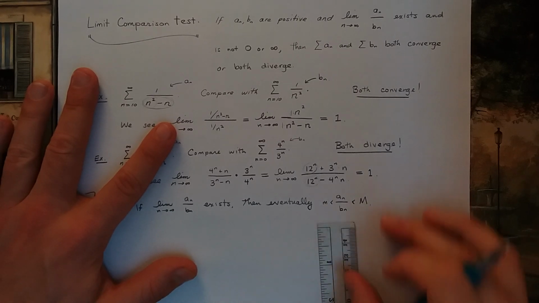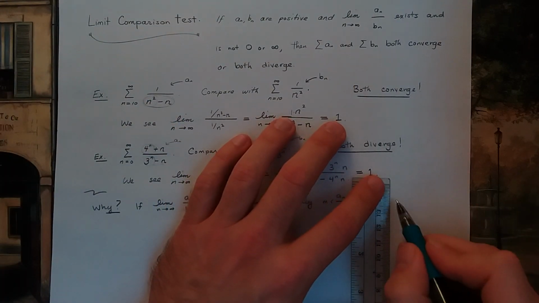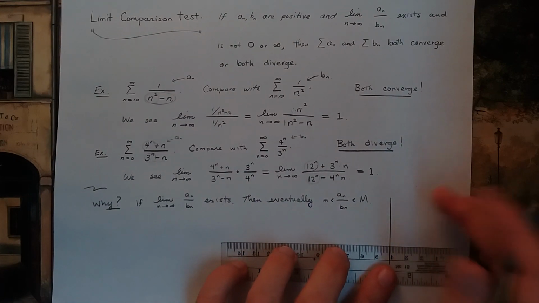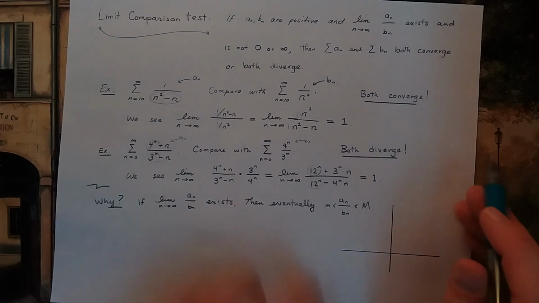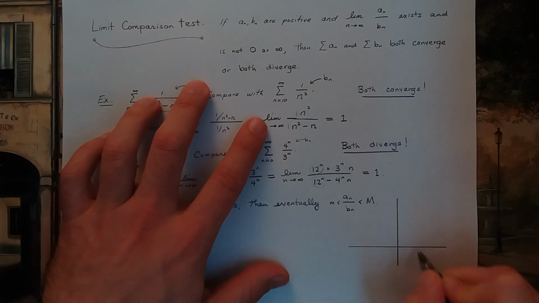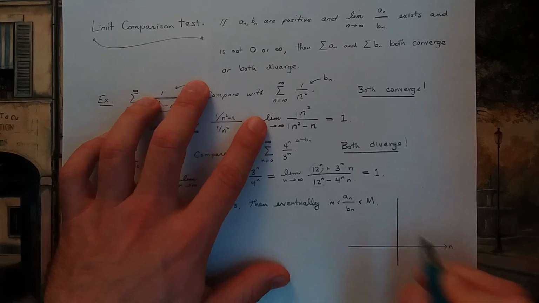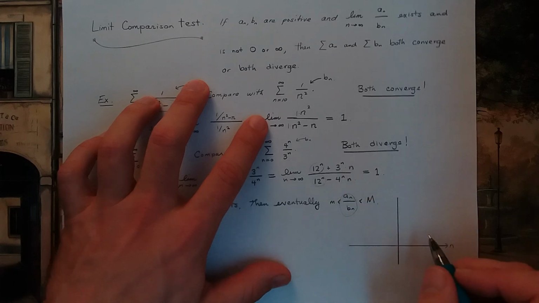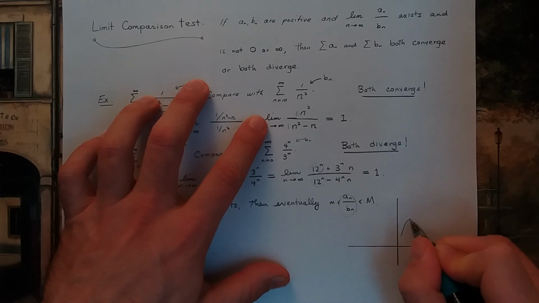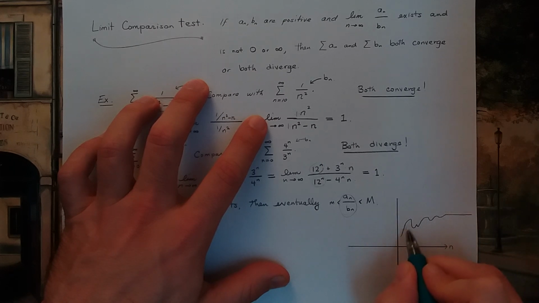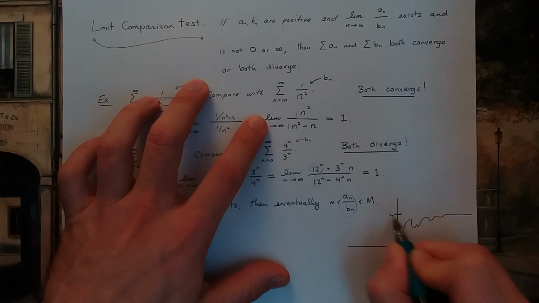Here, let me try to draw you a picture of the situation. Like this is the n axis. Let me try to graphically depict what a_n over b_n might look like. It might go like this in the beginning, but eventually, since the limit exists, this would be the limit here.